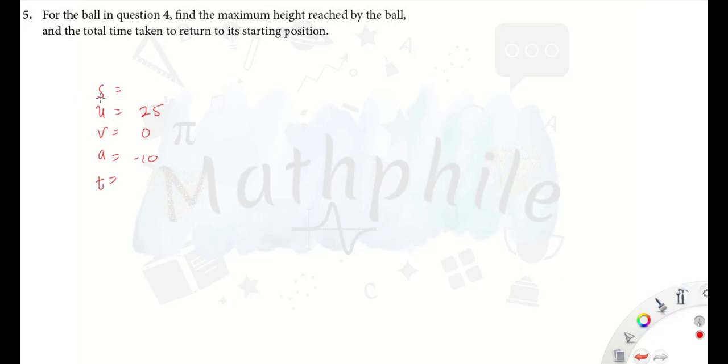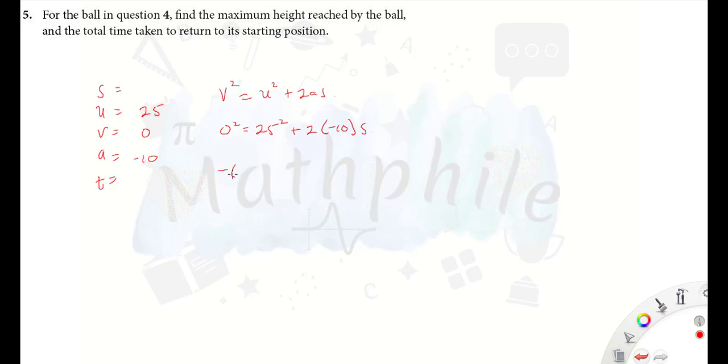So we can use this one to find s: v squared is equal to u squared plus 2as. V squared is 0 squared, u squared is 25 squared, plus 2a, where a is negative 10, and s. So you can do your manipulation. 25 squared should be 625.